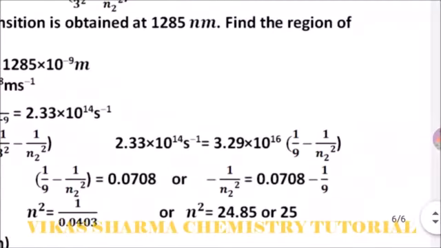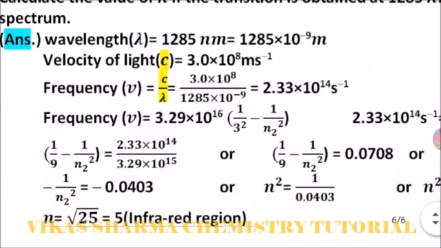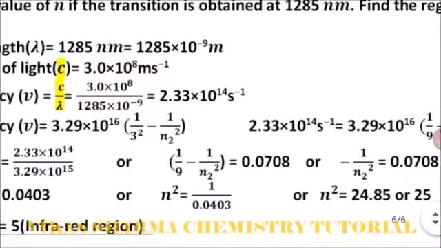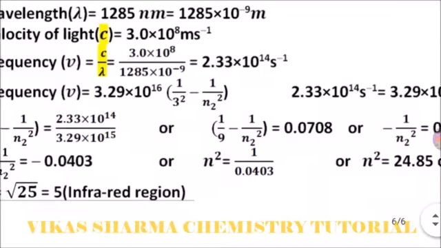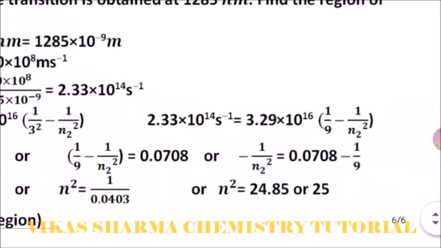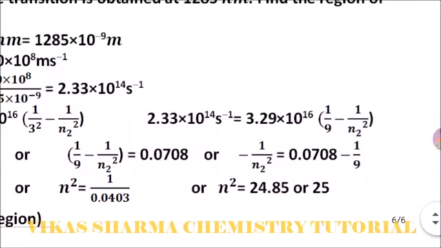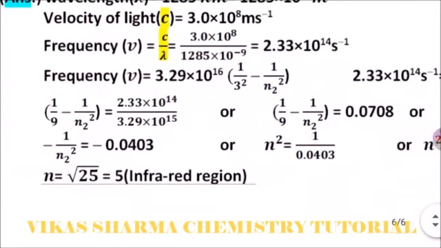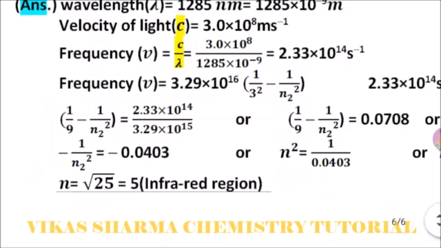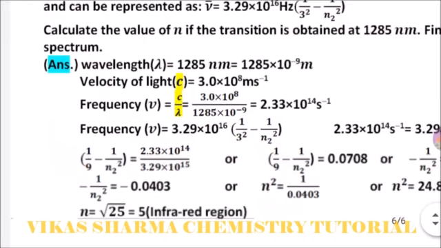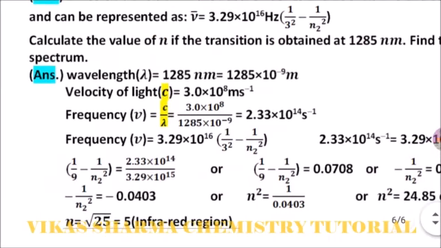After solving, the n2 square value comes to 24.85, which is approximately 25. So n2, after taking the square root of 25, is 5. So it comes in the infrared region.